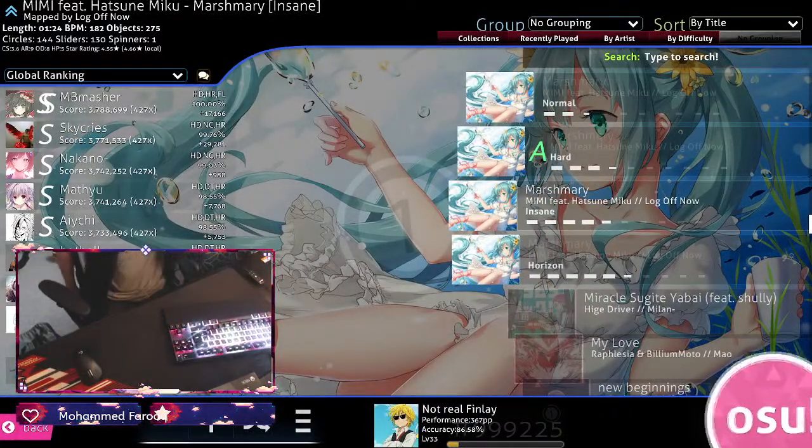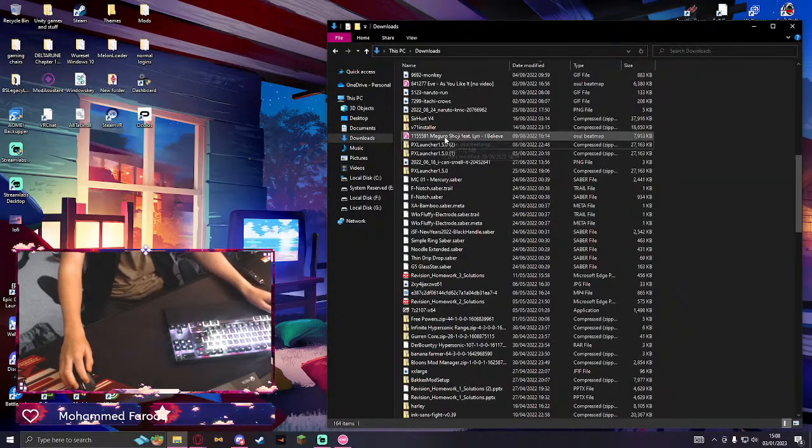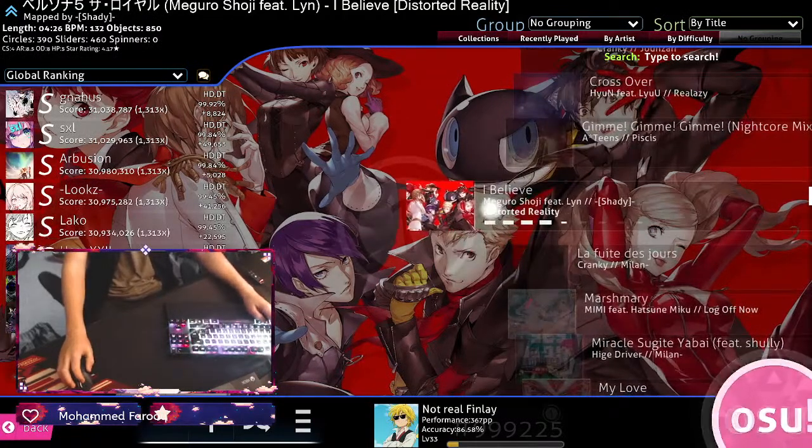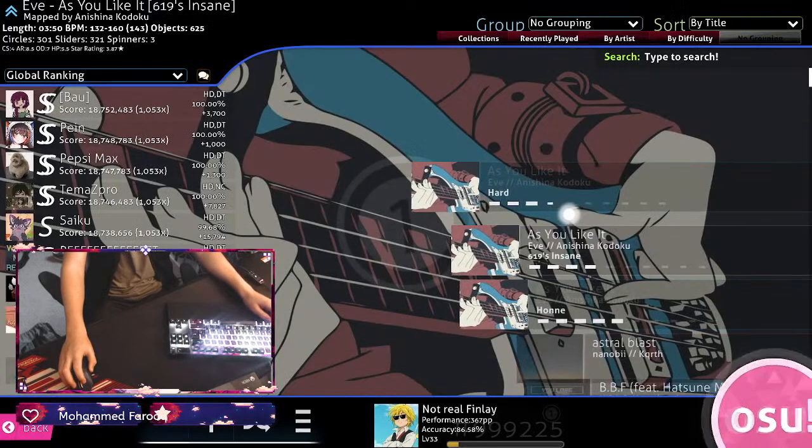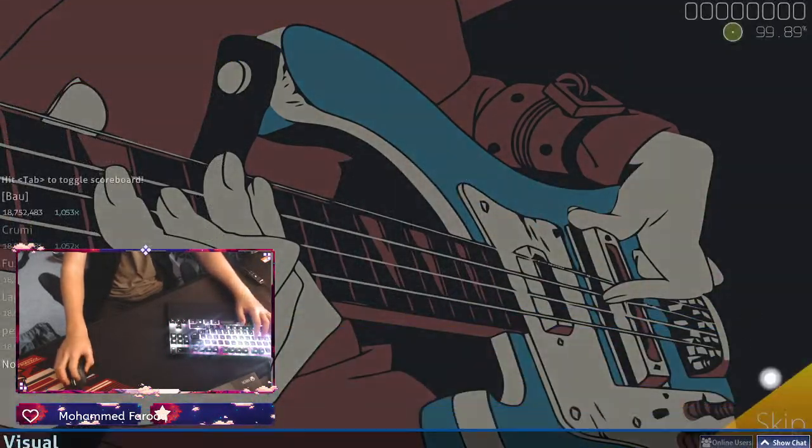My space is crowded. Let's see, what other songs do I have here? This looks like the most horrific song I've ever seen in my life. I don't know about that. I don't even know, I'll play it anyway.